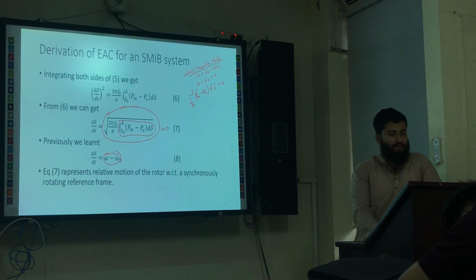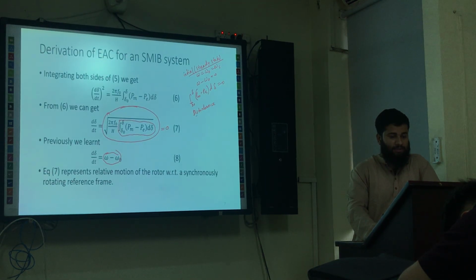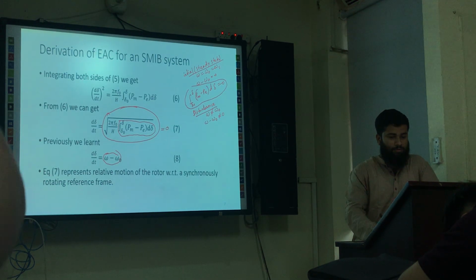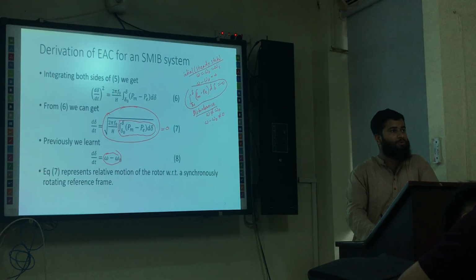Okay. Then let's think about the disturbance phase. Now there is some disturbance, so obviously this omega and omega naught are not the same. So omega minus omega naught will also not be equal to 0, right? So this integration term will also not be equal to 0 as well, right?